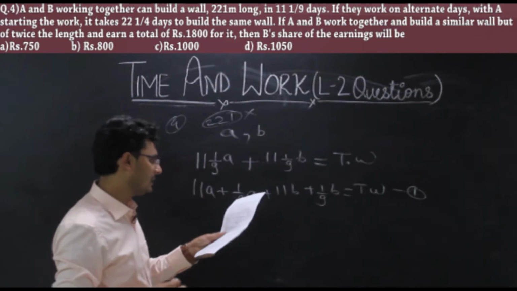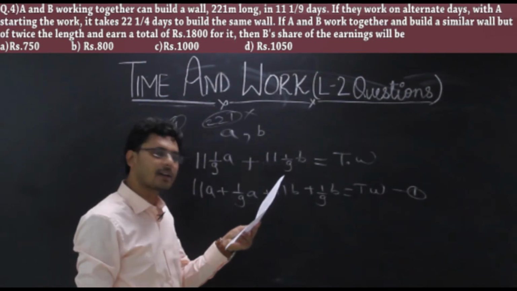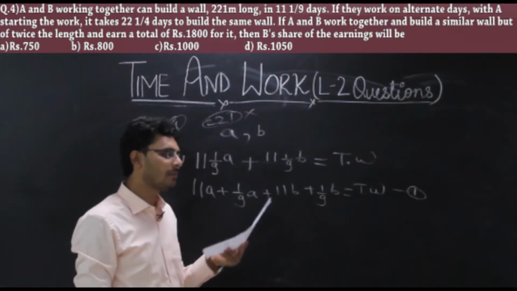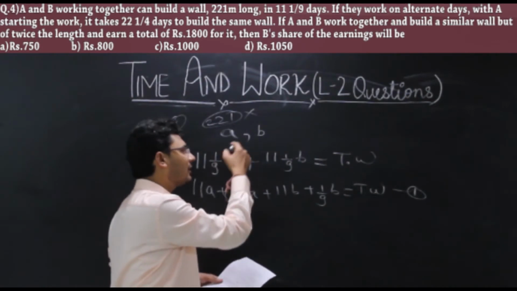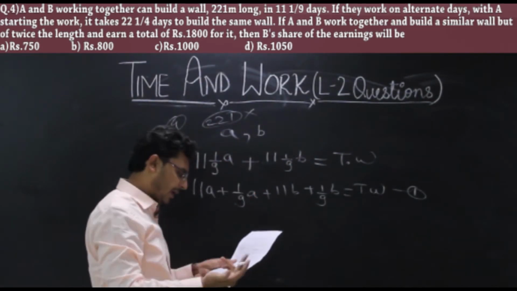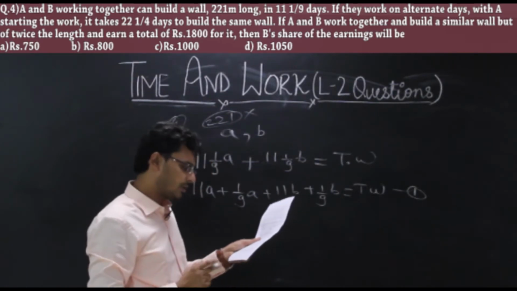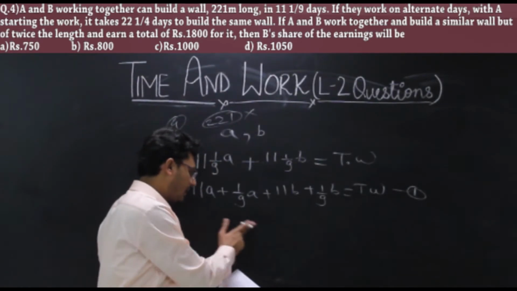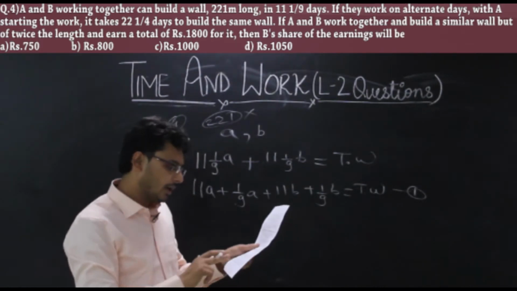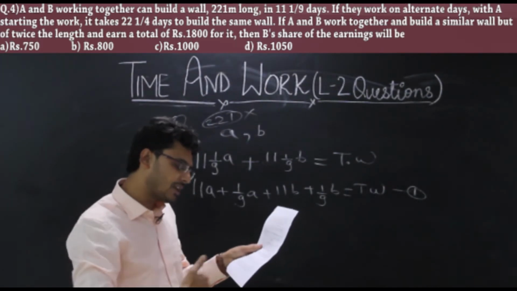The second equation goes like this. He says they work on an alternate days basis and take 22 1/4 days. Earlier both were working in a day, but on alternate days one person works on one day and the other works on the next day. So these 22 days will be distributed equally among them.